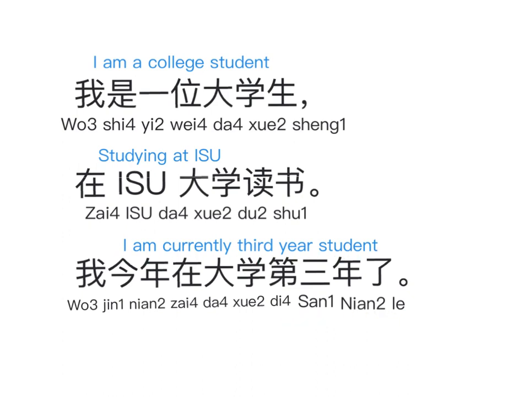So basically all of you who are listening in this video, whether it's 3-1 or 3-2, are already in third year college. I will read it one more time. Please listen. 我是一位大学生，在 ISU 大学读书。我今年在大学第三年了。Okay, there you have it.